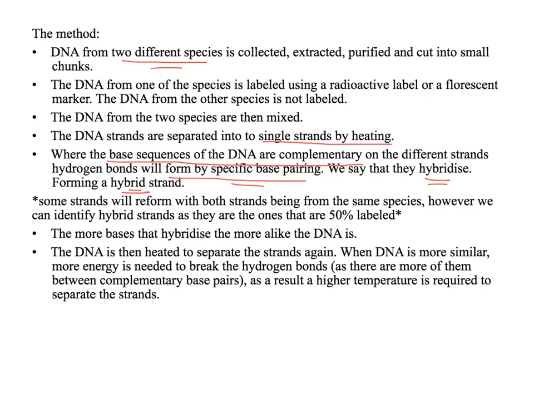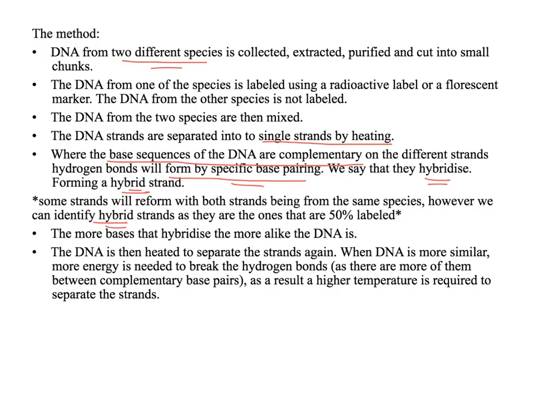Some samples will reform where both strands are from the same species. But in this study we just want to look at the hybrid strands, the ones made up of 50% of one species, which we labelled, and 50% of the other.